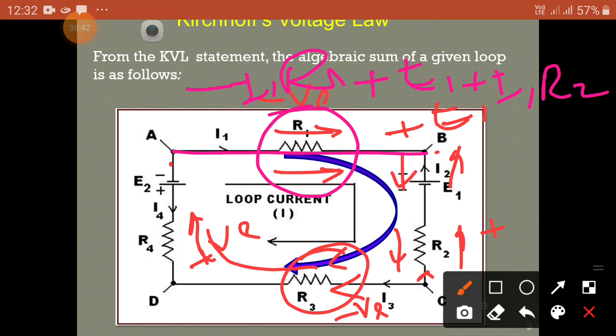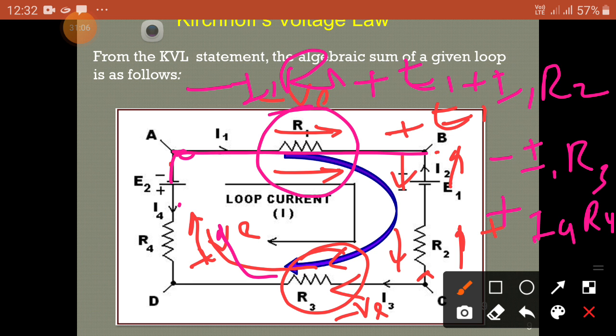Next, you are going in this direction, both are in the same direction, so minus I3 into R3. Now it is going in the opposite direction, plus, so I4 into R4. Next we are coming to the end position.